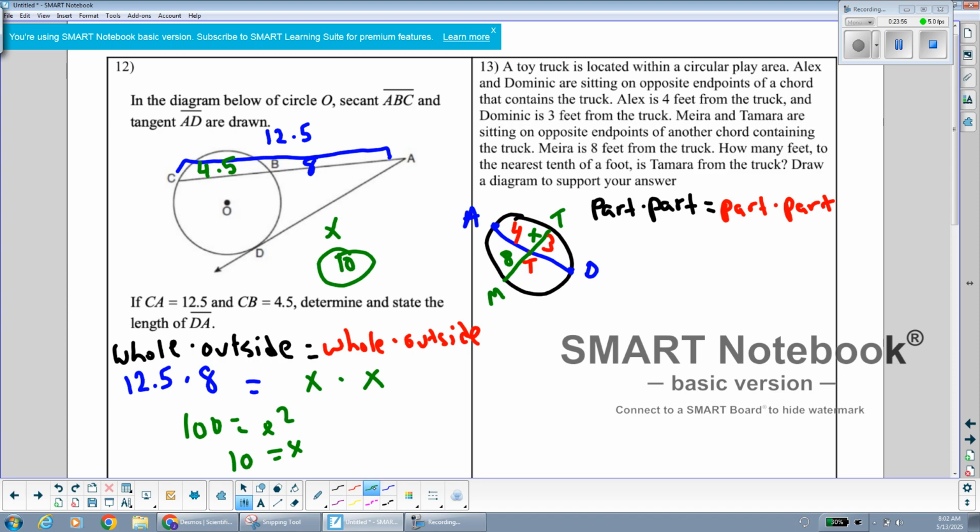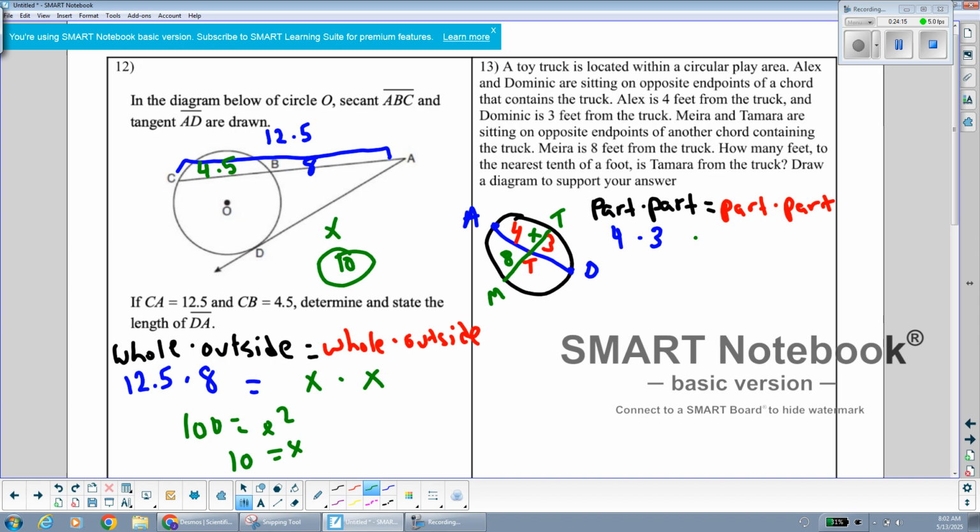And we measure the part from the endpoint to where the chords intersect. So I'm going to start with the blue chord. From one endpoint to the truck, it's 4. From the other endpoint to the truck is 3.